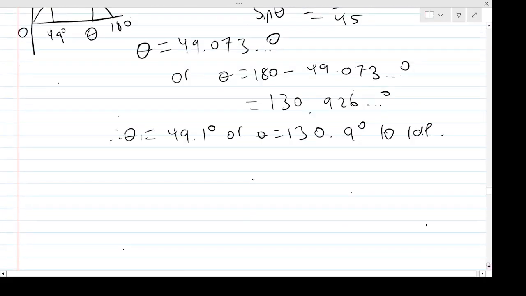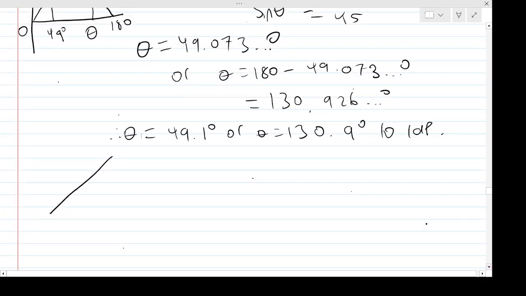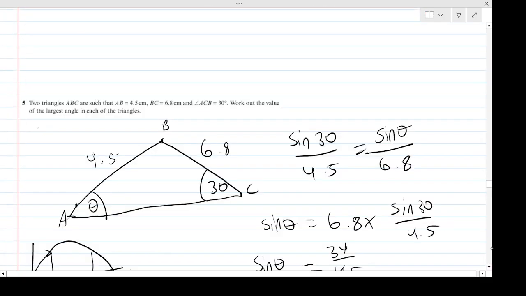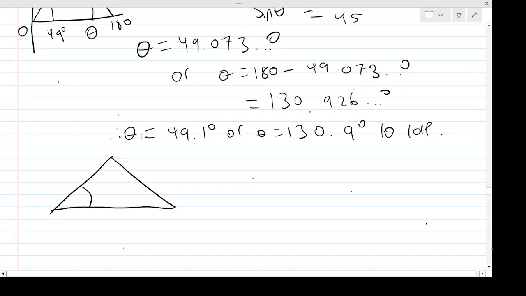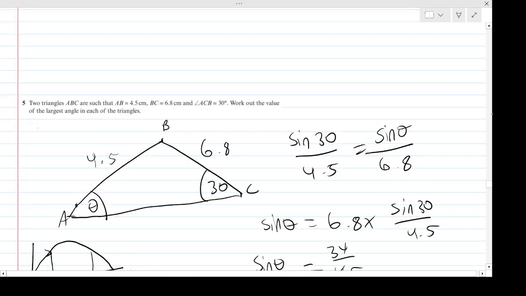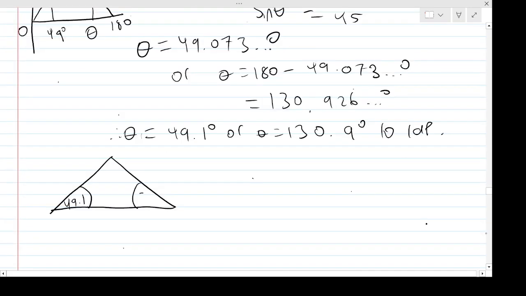If I draw that triangle again, something like that, right? So this angle theta would be 49.1. And the other angle is 30 here at C. If I label it CAB. So then to work out the largest angle, well, let's consider the remaining angle at B, right?